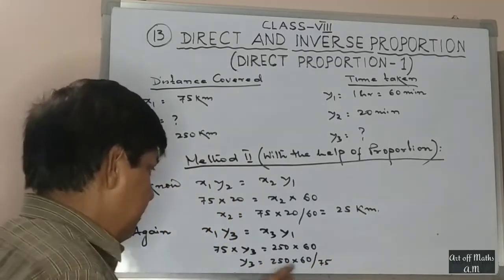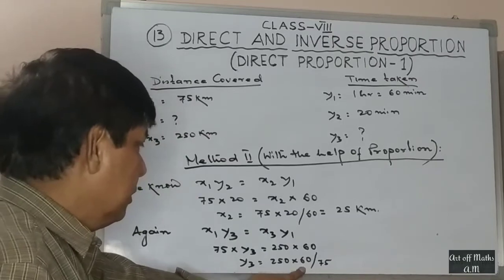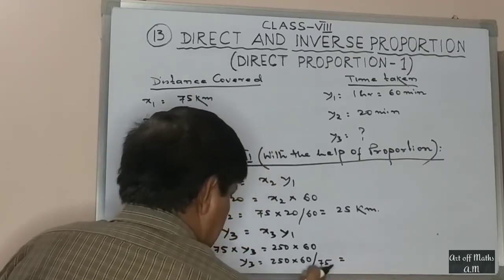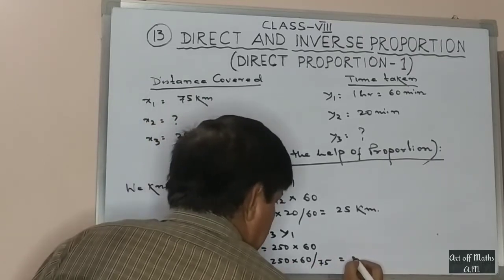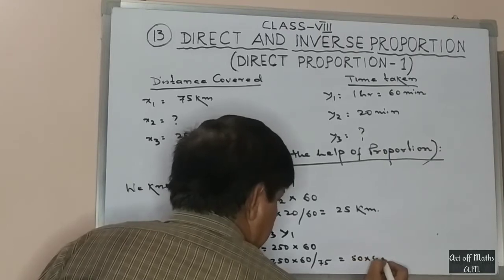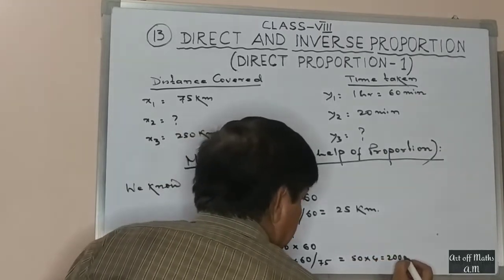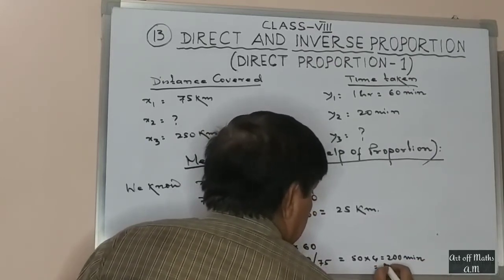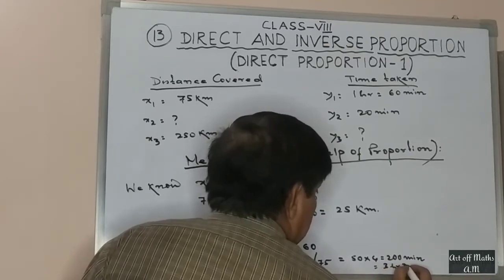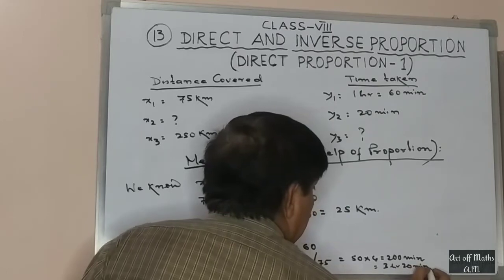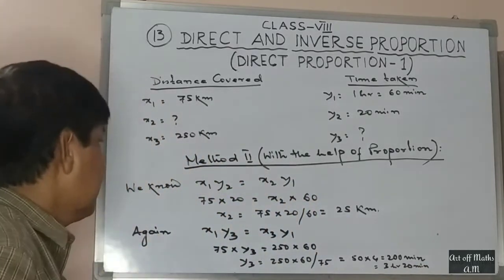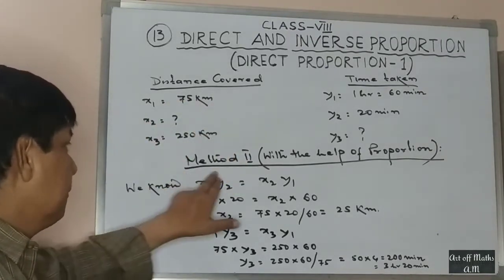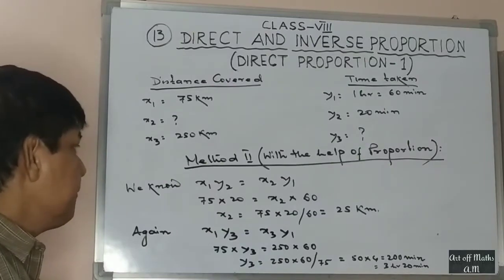Now divide by 15, 4 and 5, that means 50 into 4, 200 minutes, that means 3 hours 20 minutes. This is the way to solve this question with the help of proportion. Very interesting.